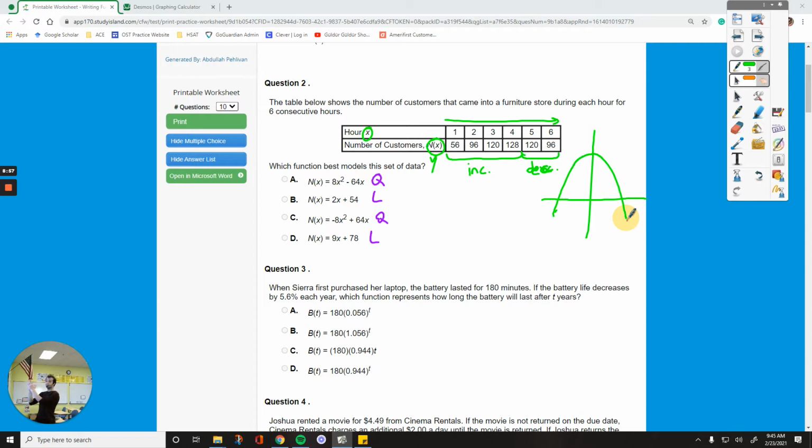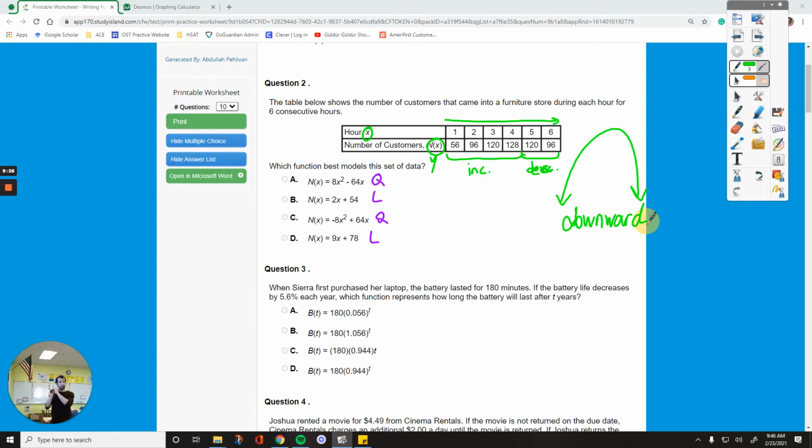You can shift it to the right, shift it to the left, up or down, but the main figure is going to look like a downward figure. This is what we are expecting to see on the coordinate plane. It could be on the right side or the left side of the coordinate plane, but this is the figure that we expect to see looking at that table. So this is called a downward graph.